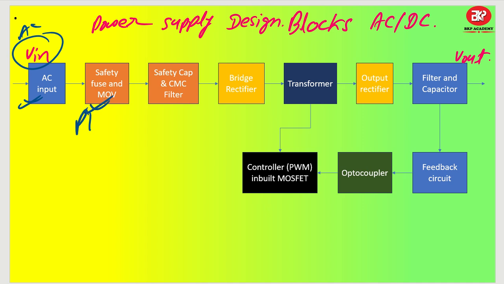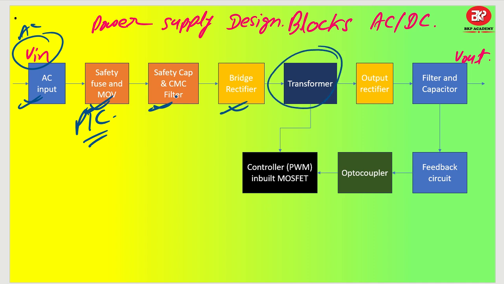We have a PTC also sometimes for low voltage, low power applications, instead of utilizing MOVs, which will be very costly. We can utilize PTCs. Then we have safety capacitors like X2 capacitor, Y2 capacitors, and we have the CMC, that is common mode choke. Then we have the bridge rectifier. Then the most important part, which will be the transformer.